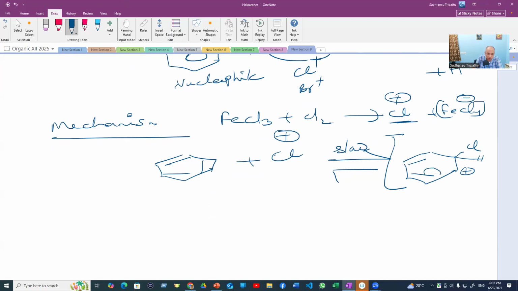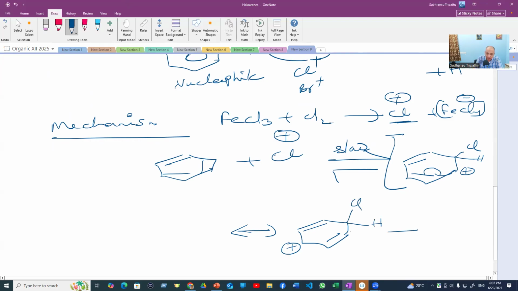which we can show with the other resonance structures. This is one, the other one is here, and the third one is here.